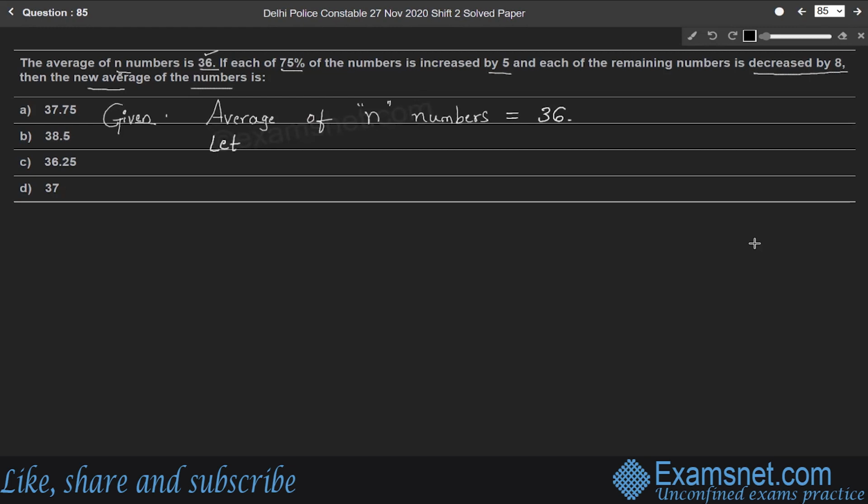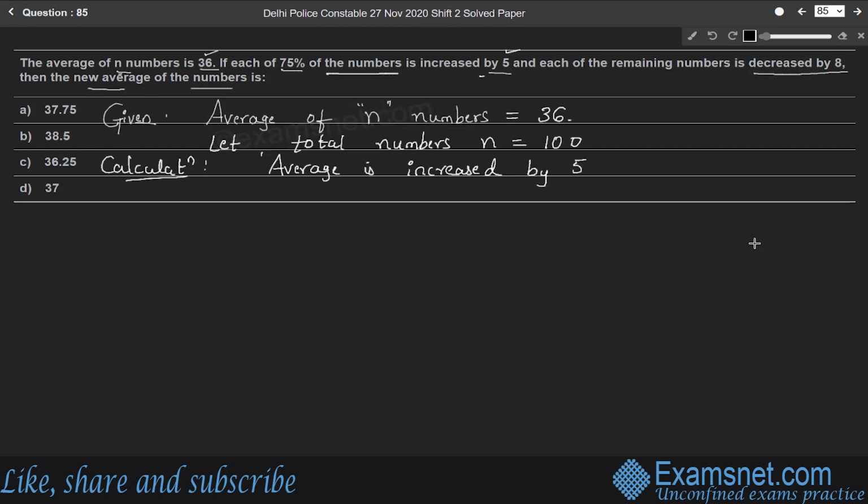So let total numbers n be equal to 100. Right. Calculation part. So here in the question, 75% of the numbers is increased by 5. So here the average is increased by 5.